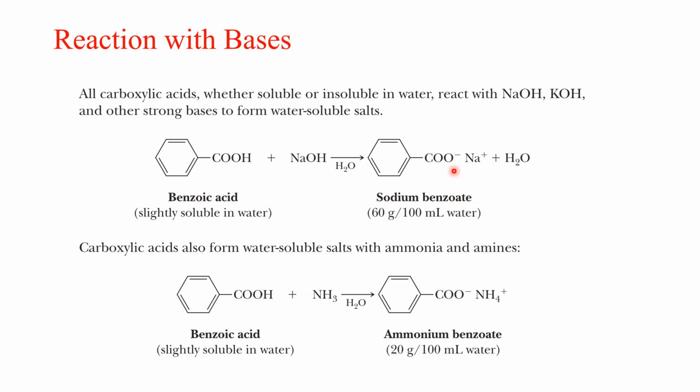I hope you get why we write the "ate" for this one, because this species again shows which class of organic compound it is: R, then the carboxylate side, and there is another R. But right now this R is replaced with a metal or an inorganic group, while the functionality is the same.